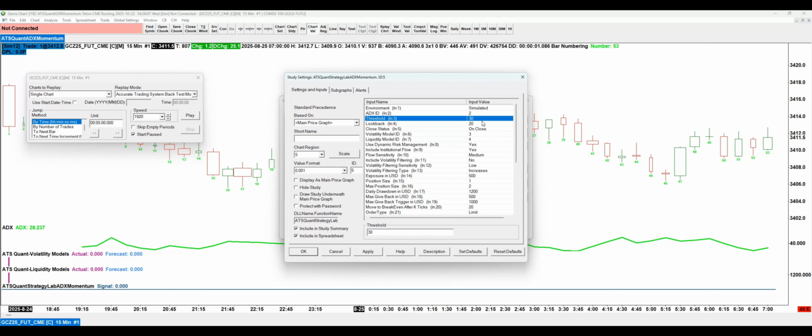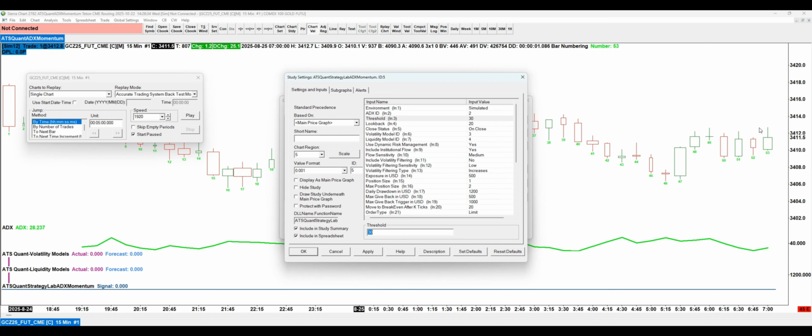Our ADX threshold is 30. So essentially the system is trading based off of whether or not returns are positive or negative, and if the ADX is above the threshold that's set, and we have some type of volume imbalance, then the system is taking long or short trades.